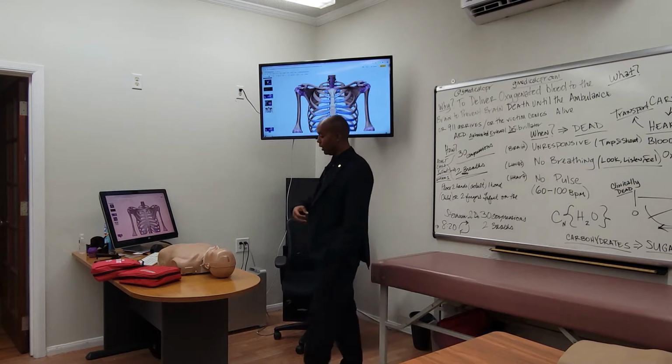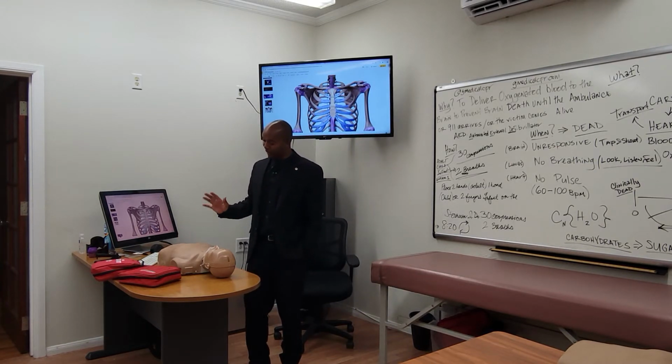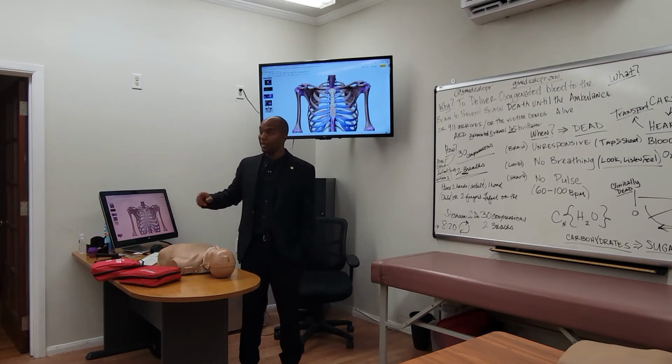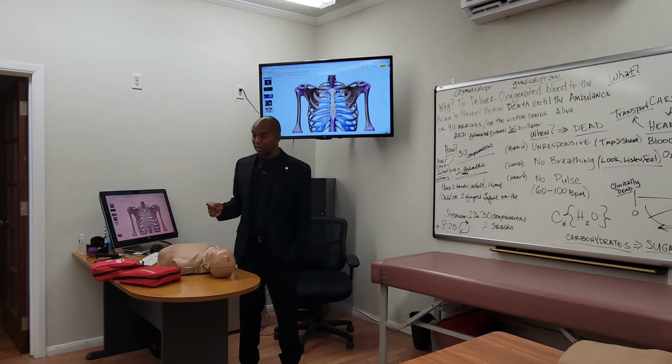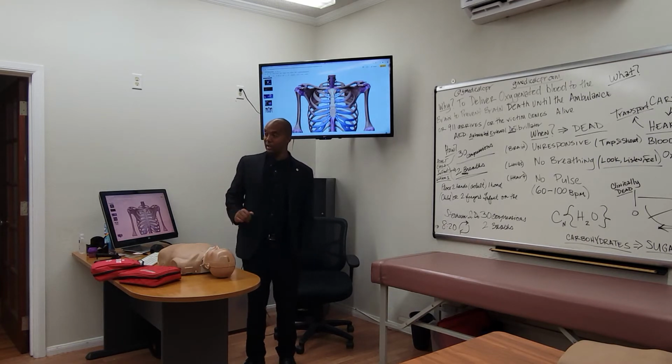So the heart isn't beating for itself, right? So we have to manually push on the heart so it can do what it normally does, which is circulate oxygen and blood. The lungs aren't bringing in oxygen for themselves, so we're going to have to manually do that by blowing into the mouth.